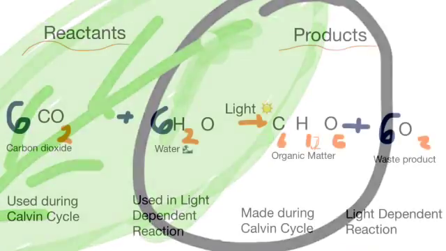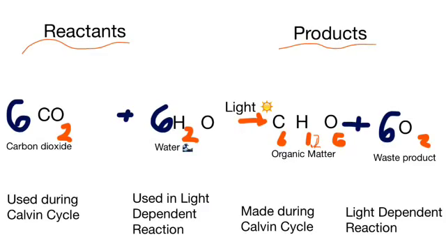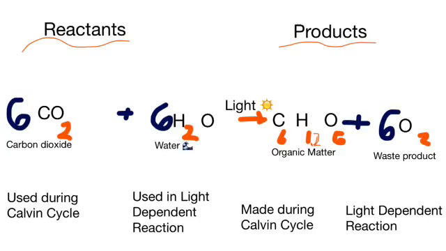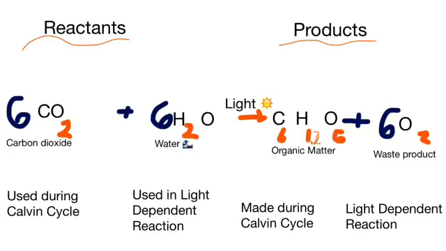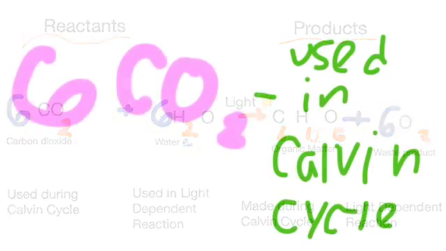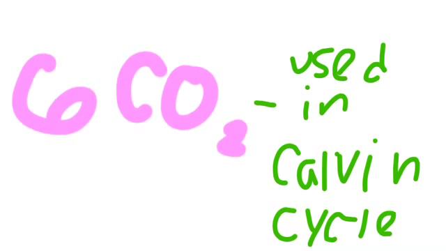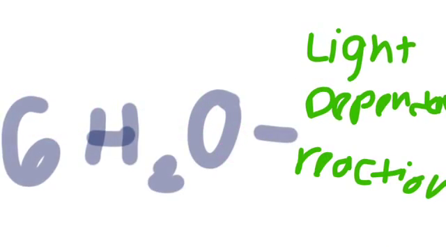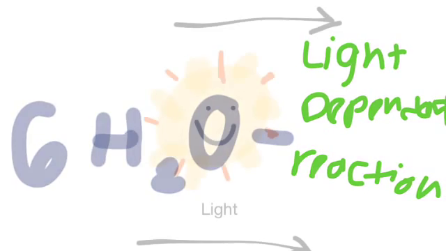The overall reaction of photosynthesis is 6 CO2 plus 6 H2O made into C6H12O6 plus 6 O2. The 6 CO2 is used during the Calvin cycle and made of carbon dioxide from the atmosphere. 6 H2O is used in light-dependent reactions and made of water.